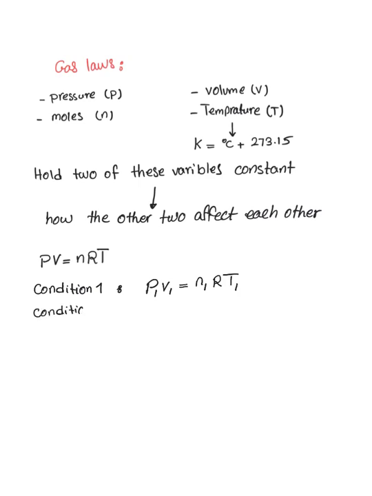Condition 2, we have P2, V2, N2, R, T2. So you just need to simply divide these conditions by each other.